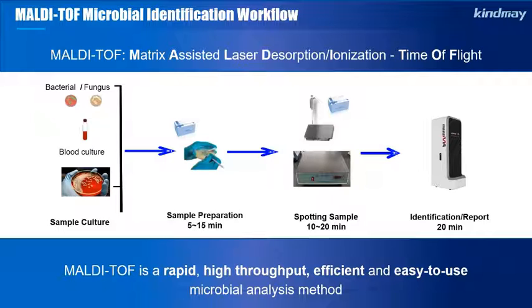After 20 minutes, you can get the result. Actually, this 20 minutes is for a 96-sample test. For one sample, it only takes 12 seconds. So you can see that identification with MALDI-TOF is very fast. It can greatly reduce the time. So MALDI-TOF is a rapid, high throughput, efficient, and easy-to-use microbe analysis method. It can greatly meet clinical identification requirements.